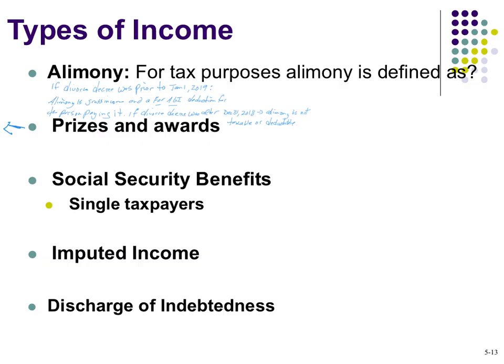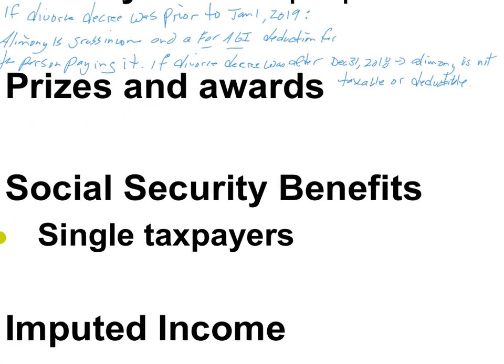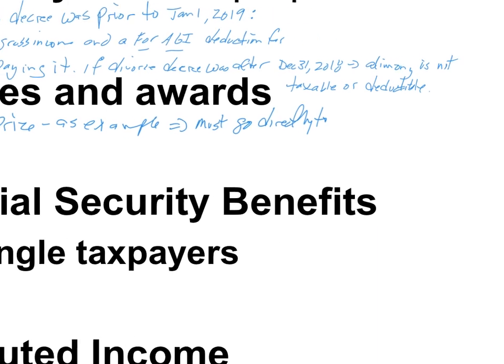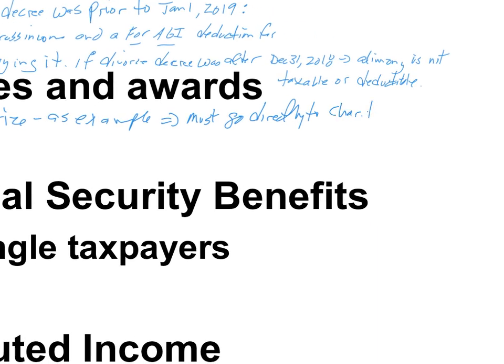If the prize and award was made for scientific, literary, or charitable achievement, and it's transferred directly to a qualified charity, okay, so think Nobel Prize as an example, but it must go directly to charity.